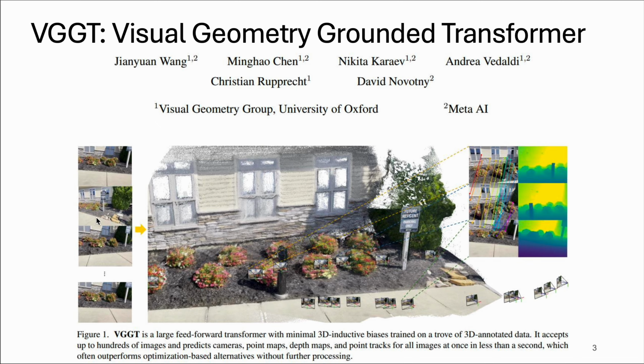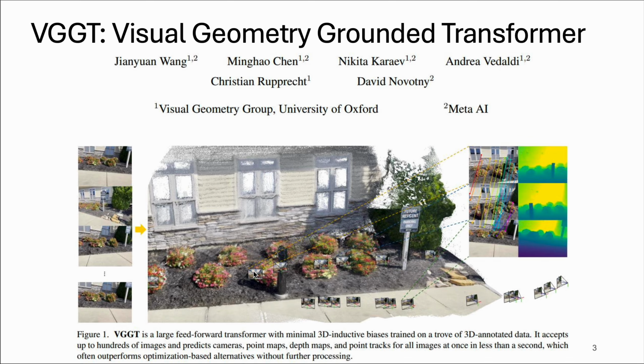Then the image set is fed into the transformer, this VGGT transformer. The output includes first a 3D point cloud. This is a dense 3D point cloud that shows the 3D structure of the scene.